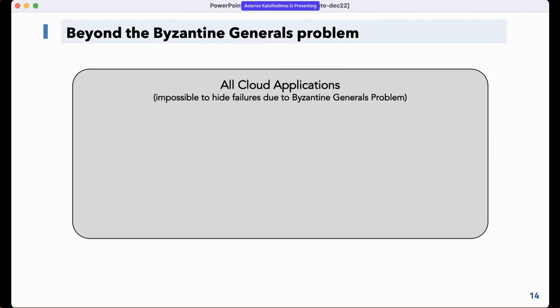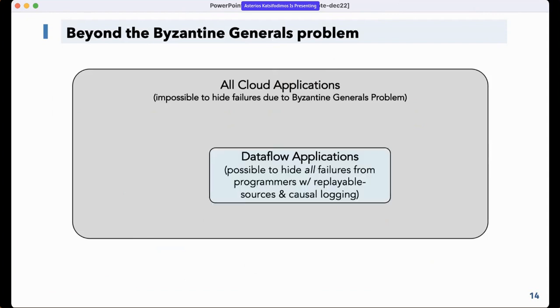Now, if you think about it in the context of, for example, dataflow systems and streaming systems, when you are developing a streaming system and you say, I don't know, map and filter, and this is deployed in the cloud, nowadays we can hide all the failures from the programmers. We do not hide them from the ops team, the operators team, but we can hide them from the programmers.